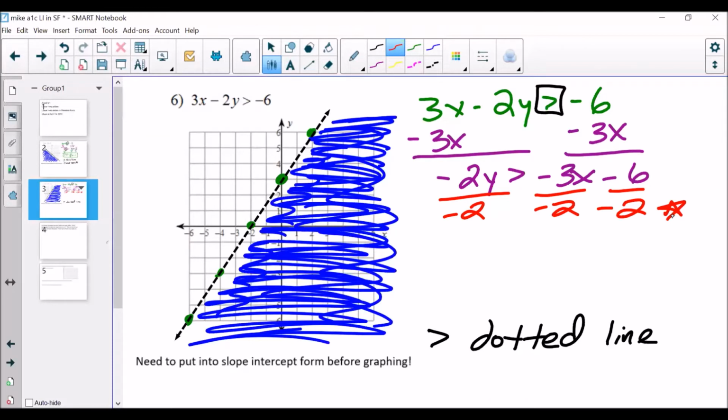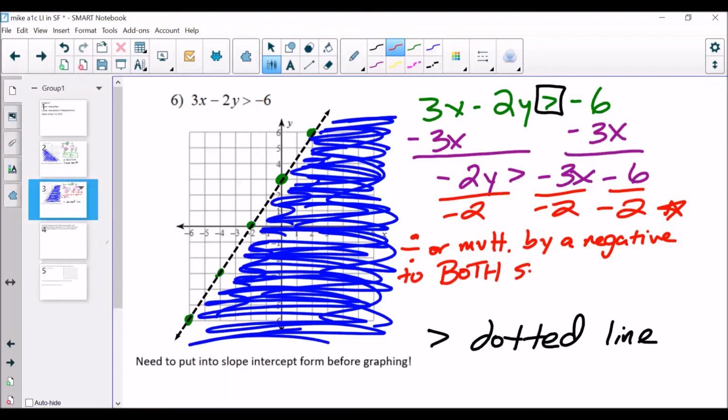We're talking about inequalities where we know that if we divide, which happens more often, or multiply by a negative to both sides, we know we need to flip the inequality symbol.